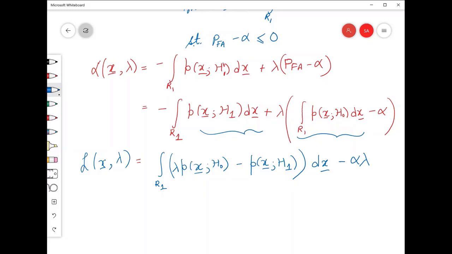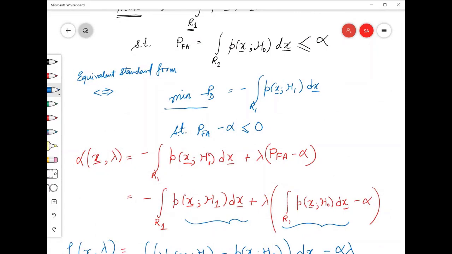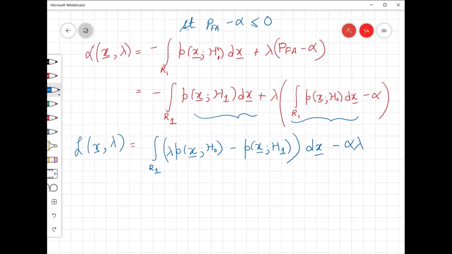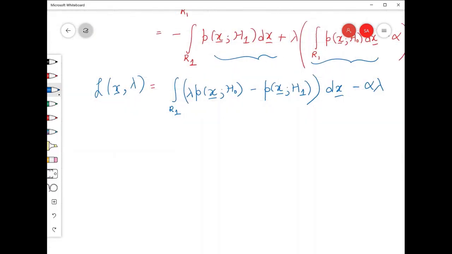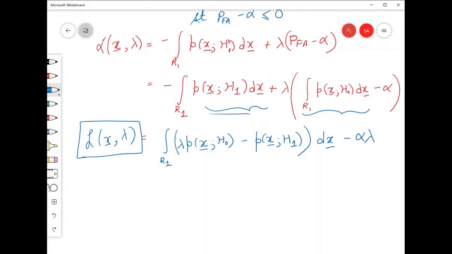Now you can see this is a minimization problem here. So what I'm bothered with is, I want to minimize this Lagrange. Lagrange is an augmented objective problem. It is augmented with the objective plus the constraint. So this is objective and this is constraint.